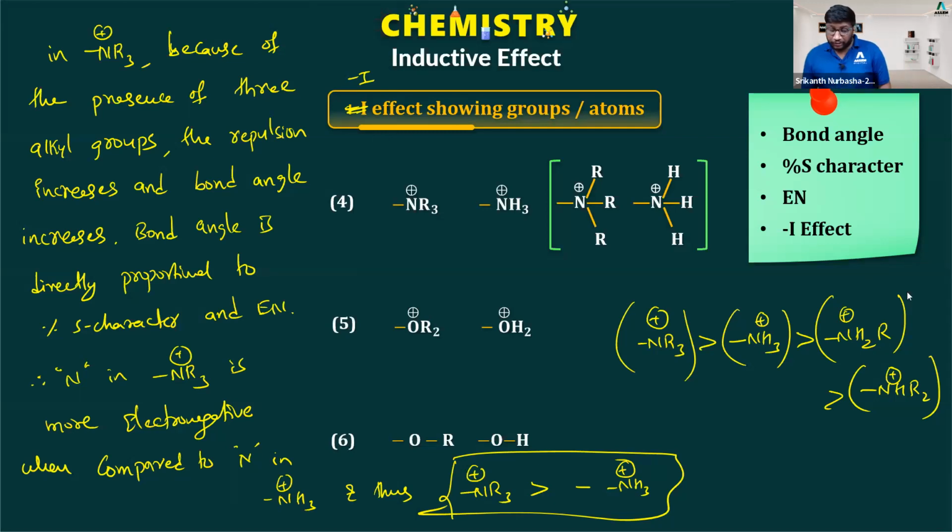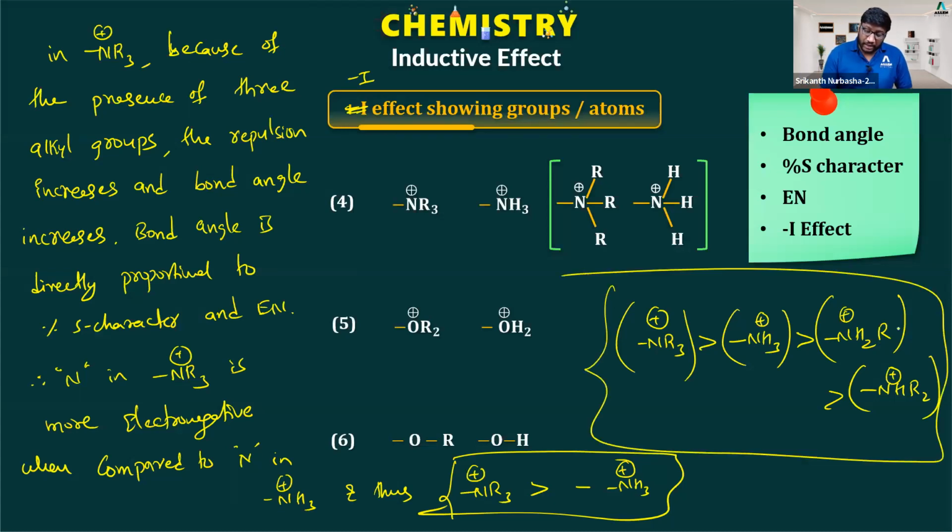If not, the dominating factor will be electron donation of alkyl groups. So with one alkyl group, positive charge is reduced. With 2 alkyl groups, positive charge is more reduced. Based on that combined effect, this will be the complete order of minus I effect for substituted amines: NR3+ greater, then NH3+, then NH2R, then NHR2+.